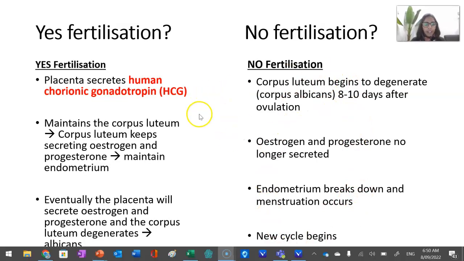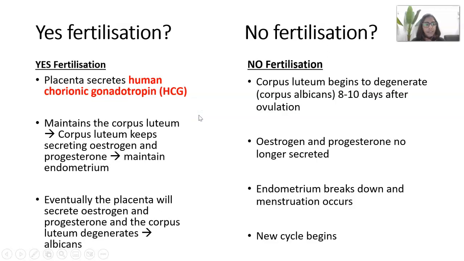And if we look at fertilization, if that occurs, then we start to get a new hormone being formed called HCG, or human chorionic gonadotrophin, and we'll talk about that in later lessons. But just so you know, HCG is secreted by the placenta. So what's the difference in fertilization?